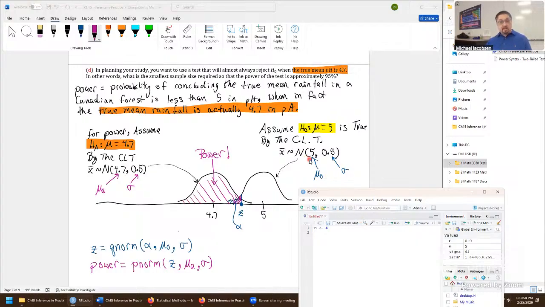Next, let's plug in the hypothesized value. In our original null and alternative, we write that as mu0 for mu naught. It's a 5 in this problem. Sigma is a good value to put in next. So let's say sigma is 0.5. We absolutely want this value, the specific alternative value, 4.7. We call that mu A for specific alternative.